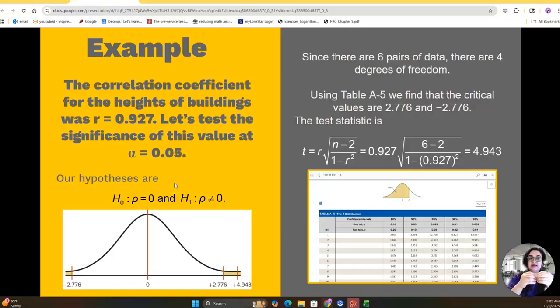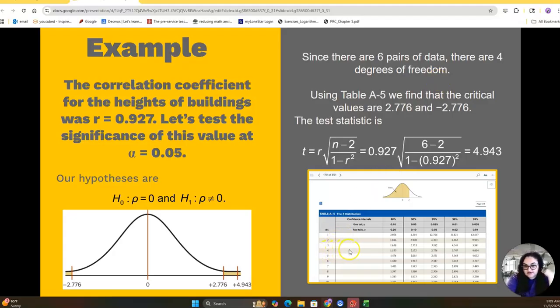Then I've taken that number and my degrees of freedom, and I go over to the chart here. On the chart, degrees of freedom is the number of items you have minus 2. So in this case, 6 minus 2 is 4. So we're going to look under degrees of freedom 4.